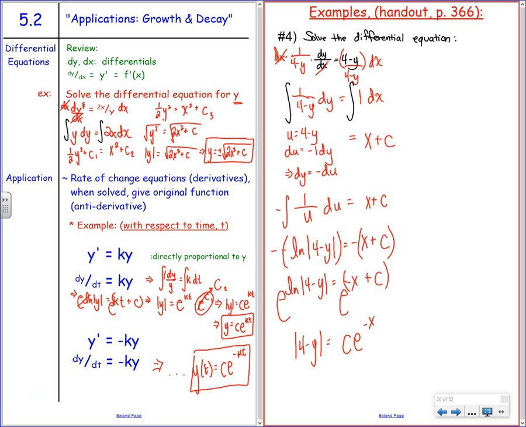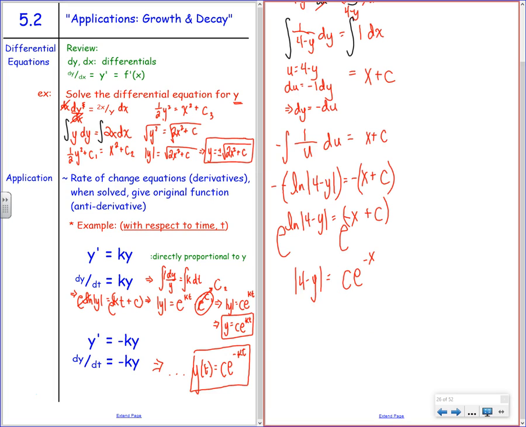No. Is c allowed to be whatever we need him to be? Yeah. So do I really need to worry about the absolute values if I'm going to make c whatever I need him to be anyway? That's always positive, and the c is just going to be whatever I need. So in a way you can think of the absolute value as a plus or minus, and the plus or minus, since it doesn't affect this guy, is going to be absorbed into the c.